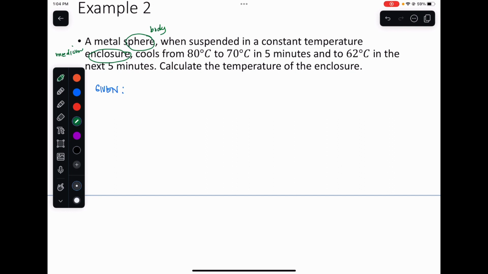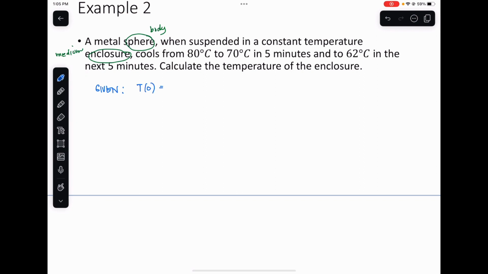The sphere cools from 80 degrees Celsius. That means initially, when time is 0, the temperature of the sphere is 80 degrees Celsius. Then it drops down to 70 degrees Celsius in 5 minutes. Then it further drops down to 62 degrees Celsius in the next 5 minutes, so that is 5 plus 5, or 10 minutes.